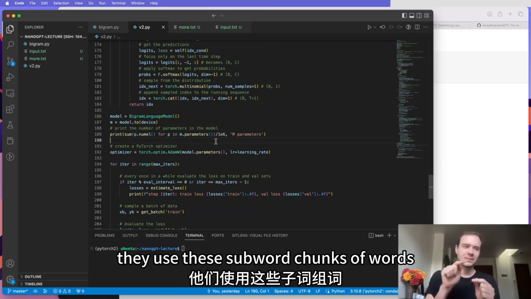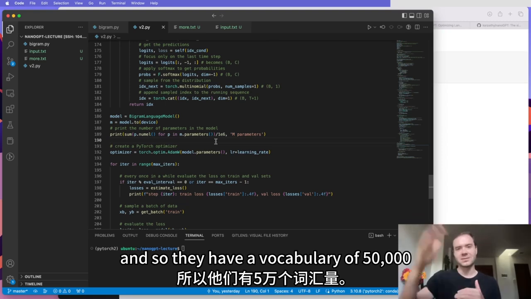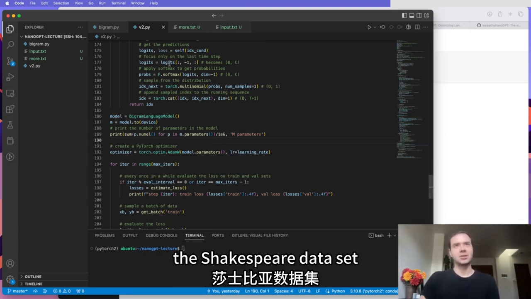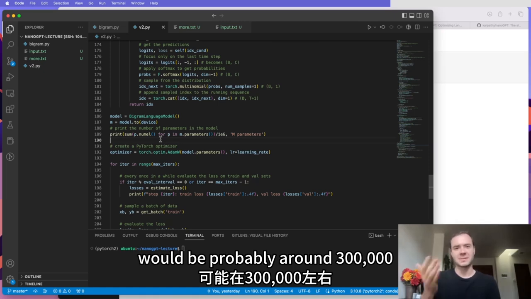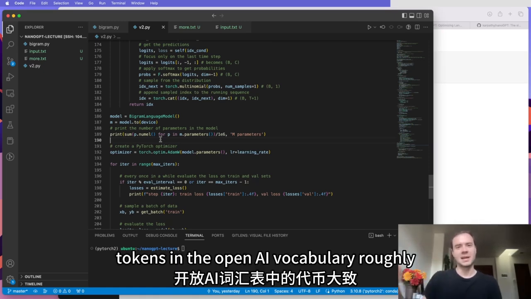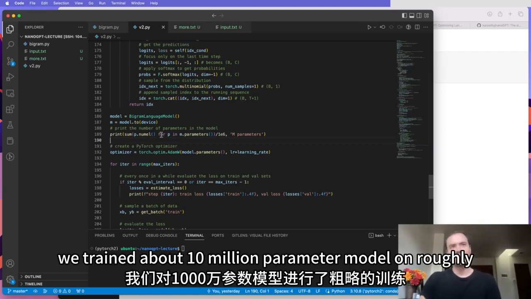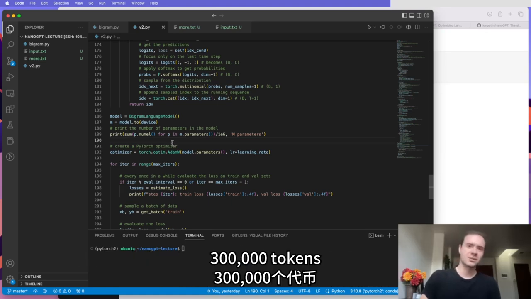They use these subword chunks of words. And so they have a vocabulary of 50,000, roughly, elements. And so their sequences are a bit more condensed. So our data set, the Shakespeare data set, would be probably around 300,000 tokens in the OpenAI vocabulary, roughly. So we trained about a 10 million parameter model on roughly 300,000 tokens.